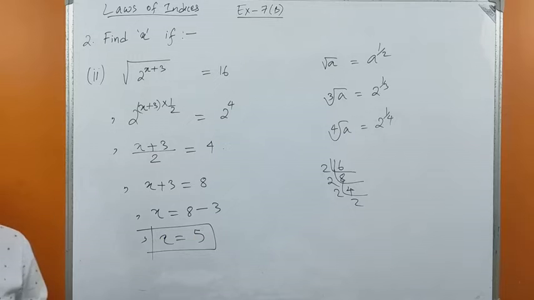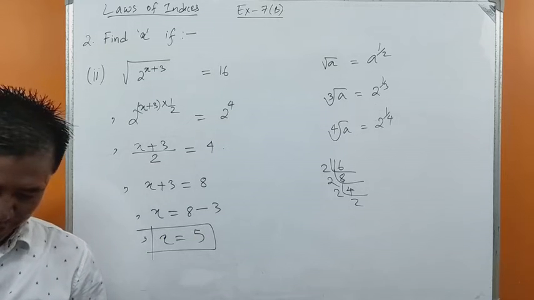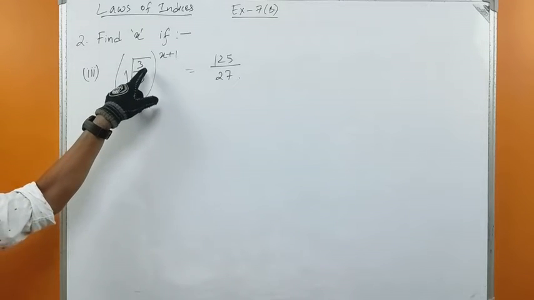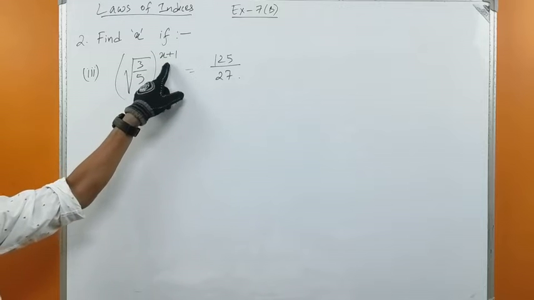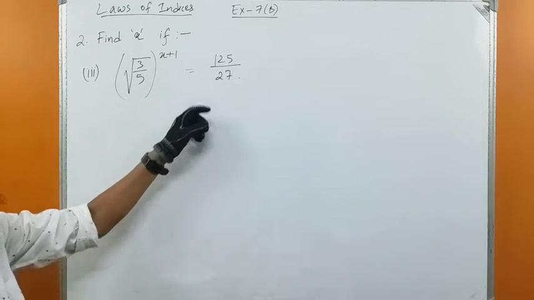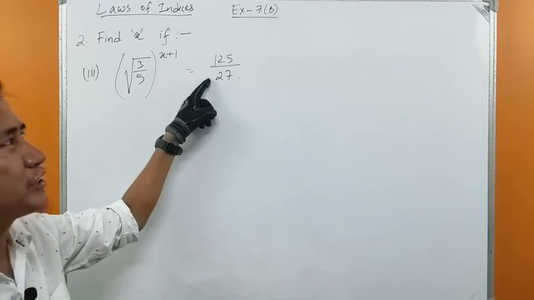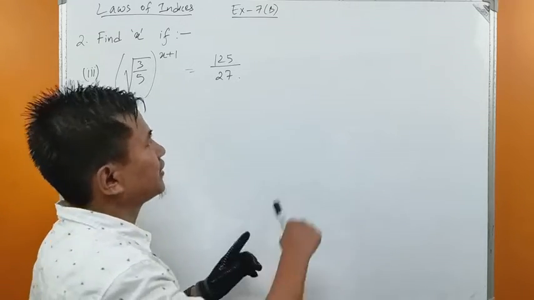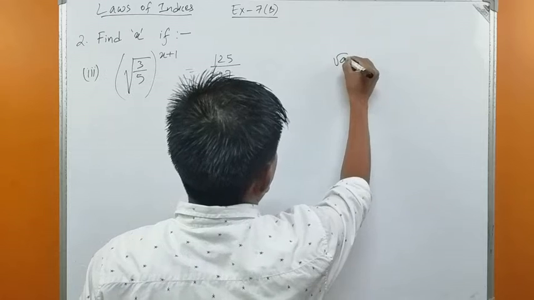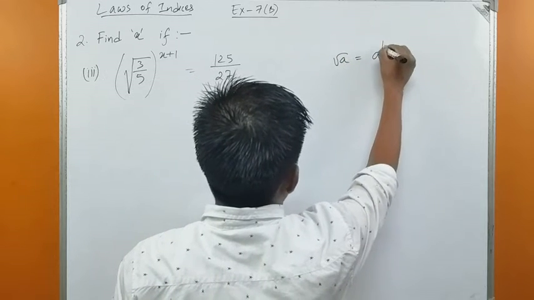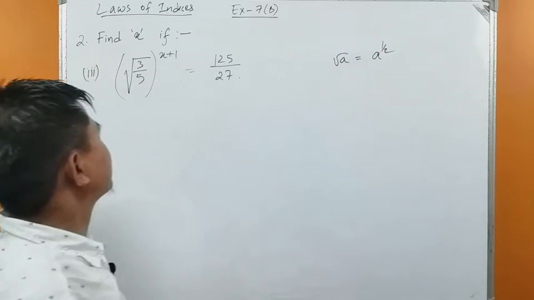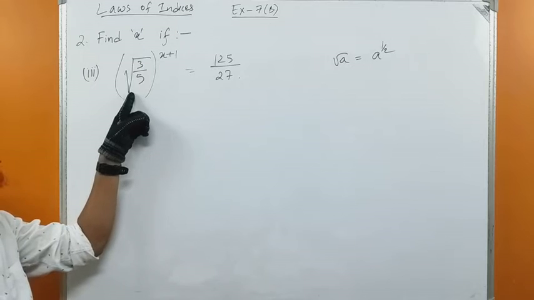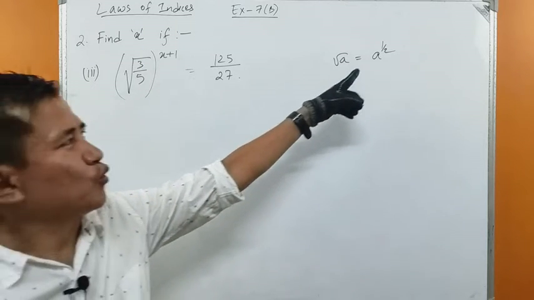Now let us do question number 3 of 2. We have root under 3 upon 5 whole to the power x plus 1 in the left hand side and 125 upon 27 in the right hand side, isn't it? So as I told you earlier, root under a can be written as a to the power 1 by 2. Similarly, I can change this root to the power 1 by 2.